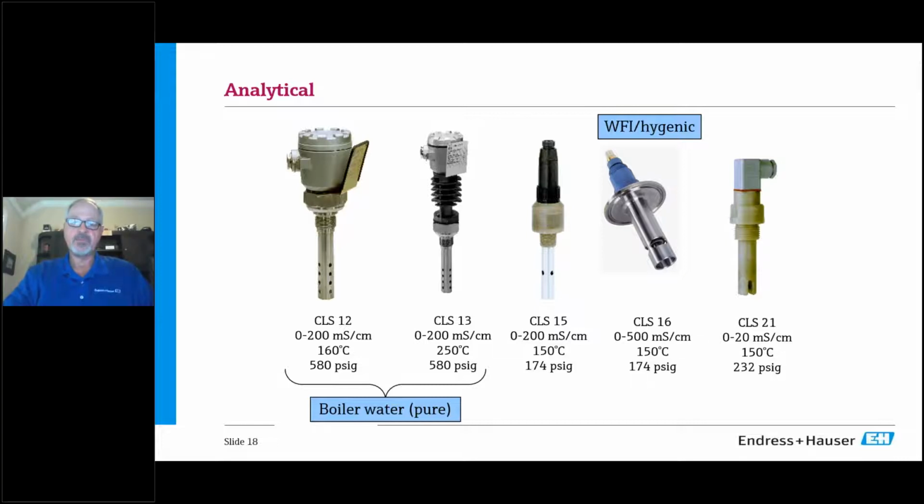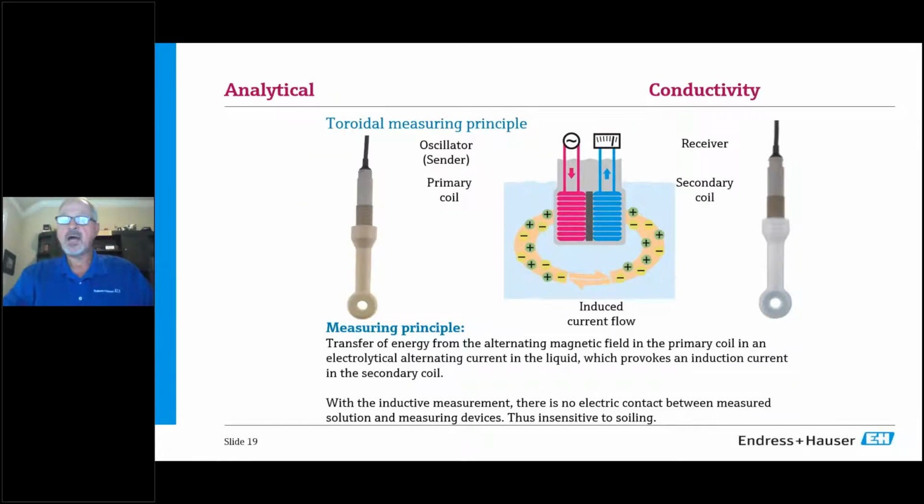So you have that capability. We also offer a non-contacting conductivity sensor. This conductivity sensor is often referred to as a toroidal sensor, non-contacting sensor, or an inductive conductivity sensor. And it functions a little bit like a magnetic flow meter.